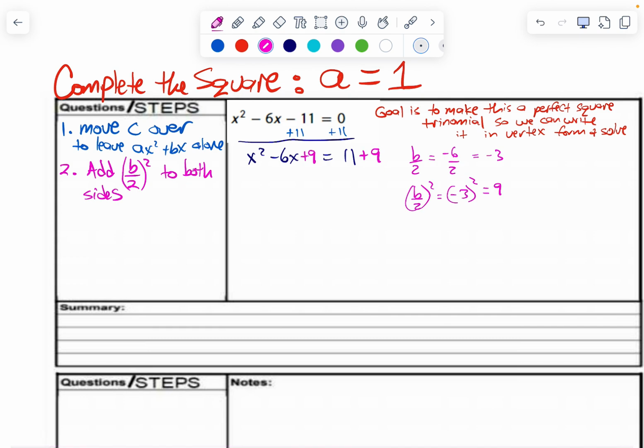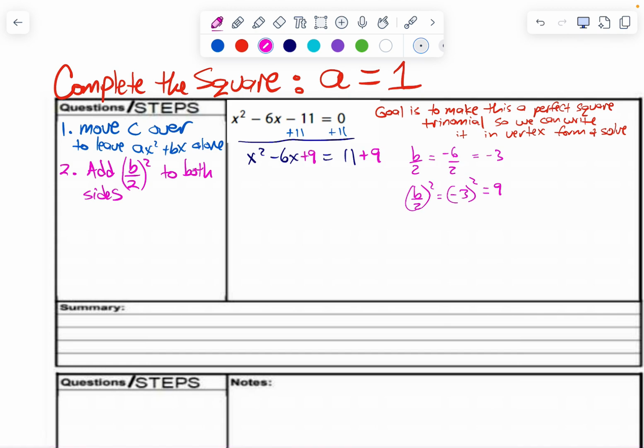Everybody clear? Okay. What we just did is forcing it to be that perfect square trinomial on the left. Because look at that. If I said factor that, what would you factor it to right now? What would my factors be on the left? x minus 3 times x minus 3, right? It's two of them. So we are forcing a perfect square trinomial.